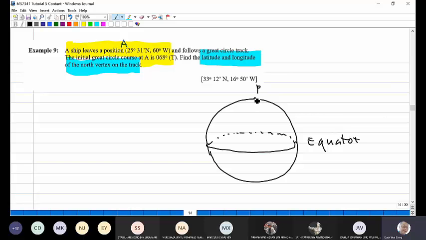So west of this is, let's say, 60° west. The line 60° west, on the west side of the Earth here, and then the latitude is 25°, 31 minutes. Let's say it's this center of the Earth here.